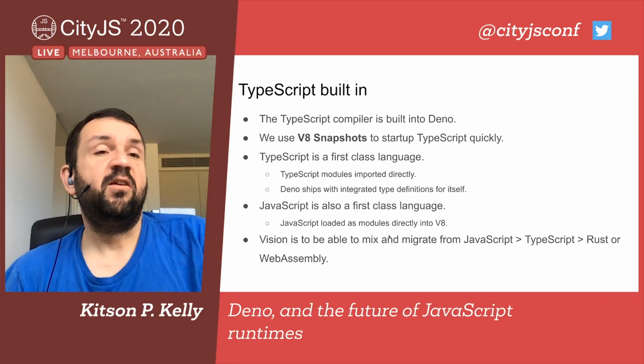And so because it's a first-class language, Deno describes its runtime environment with its own type definitions. It provides those to you on the command line if you want to ever reference those. And yeah, we really try to focus on cutting that down.